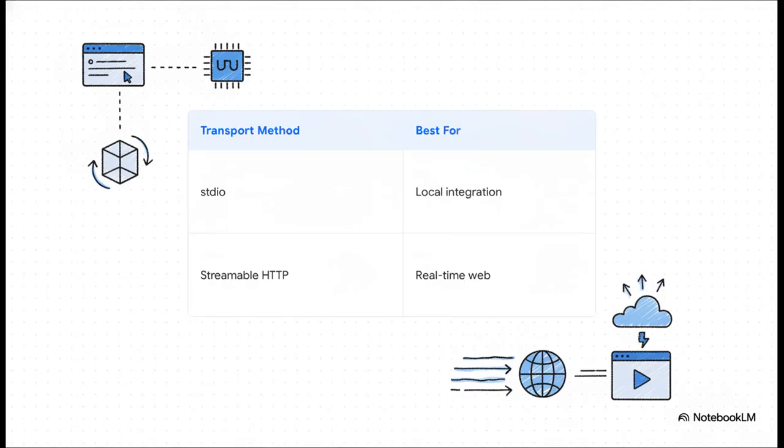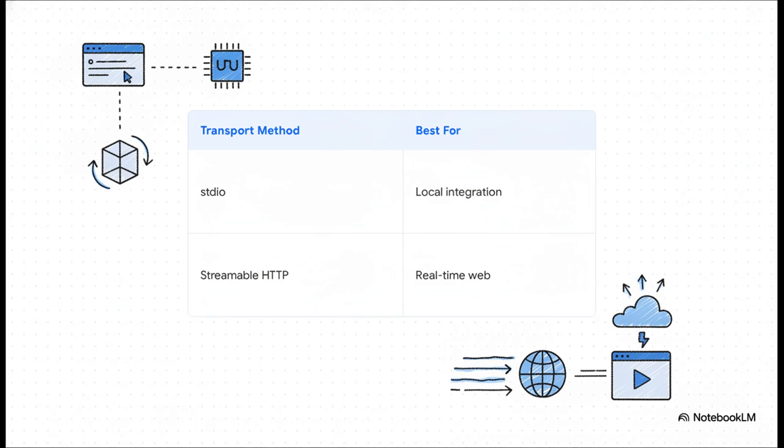Now, we have to ask, how do the client and server actually transport these messages across the divide? Well, MCP supports a few different transport methods depending entirely on your security and infrastructure needs. The 2 major ones discussed in the chapter are stdio and streamable HTTP. Standard input/output, or stdio, is absolutely perfect for secure local integrations.